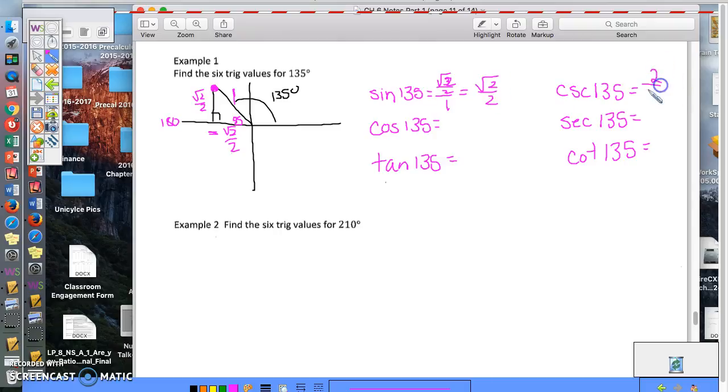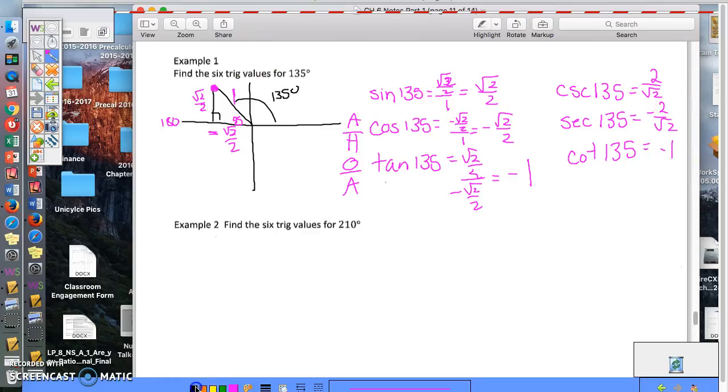So cosecant is 2 over root 2. Cosine, adjacent over hypotenuse, negative root 2 over 2 over 1, so we got negative root 2 over 2. So secant is negative 2 over root 2. And tangent, opposite over adjacent, root 2 over 2 over negative root 2 over 2, so we have negative 1, and the reciprocal would still be negative 1.